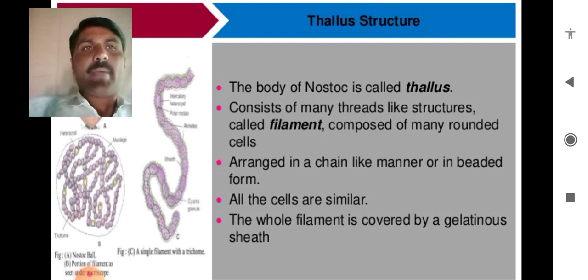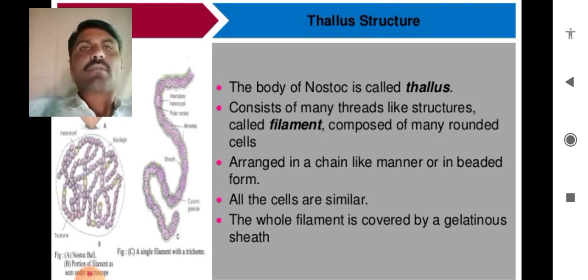The whole filament or the body of Nostoc is known as a thallus, which forms a structure by assembling many threads, called filaments, and which is composed of many cells.